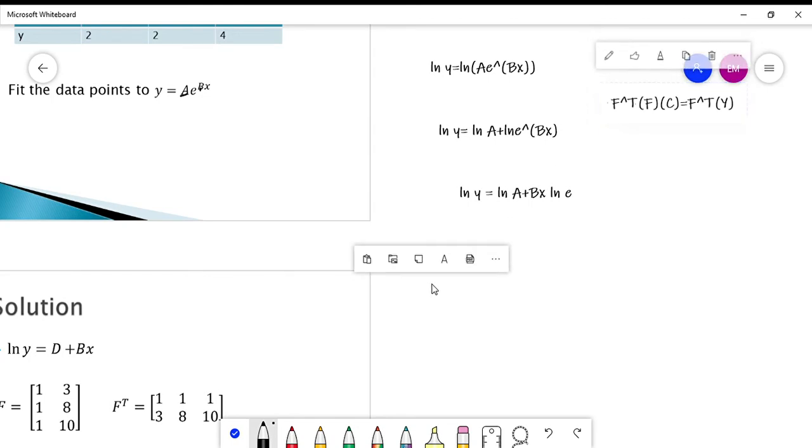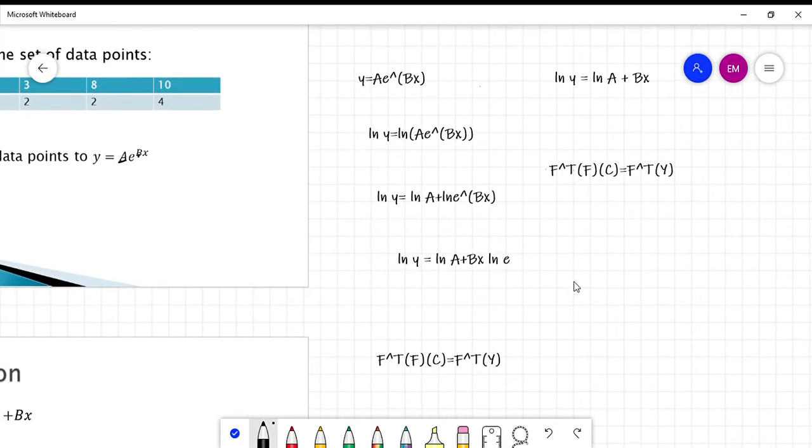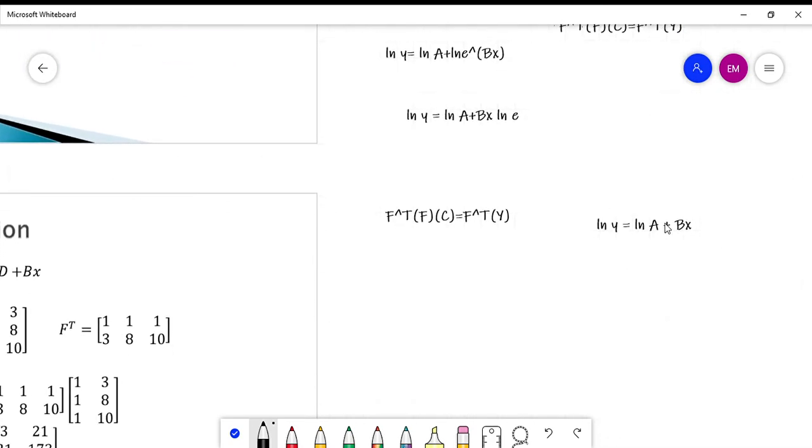So let's copy, then we have to paste. So from here, we have to provide your F. We have to copy, and then we have to paste. So this is now our newly formed equation.